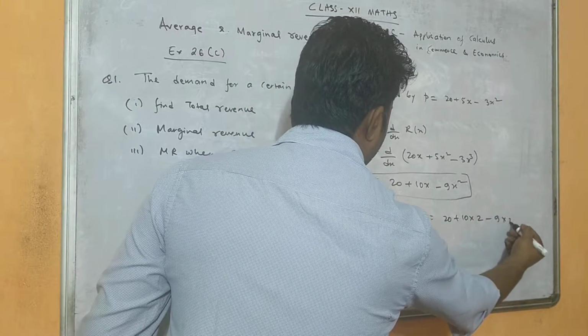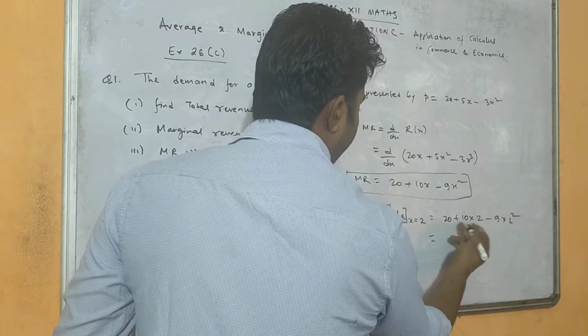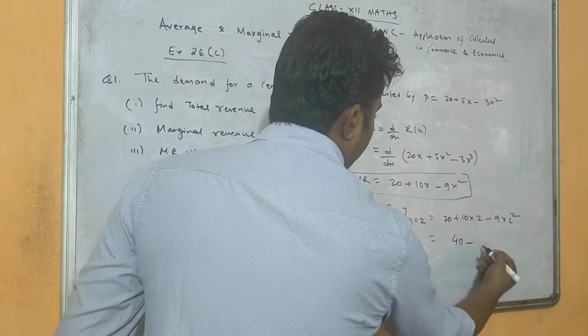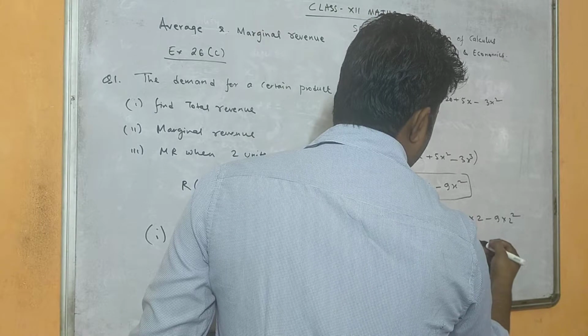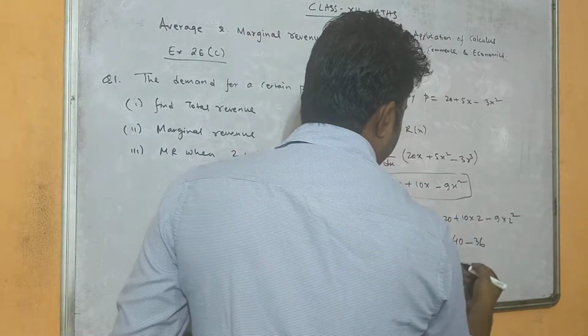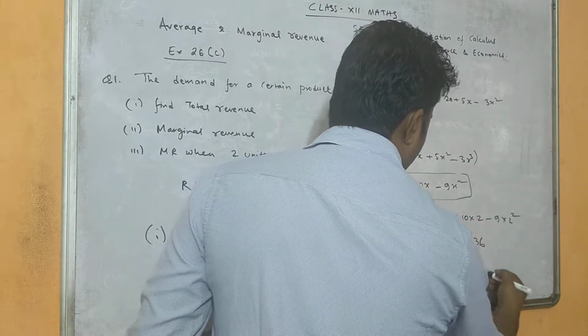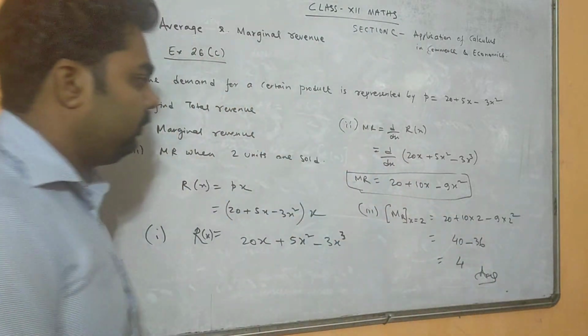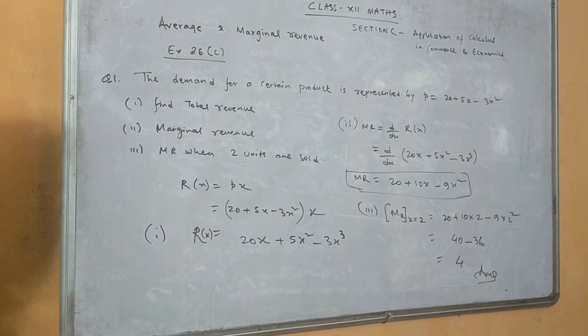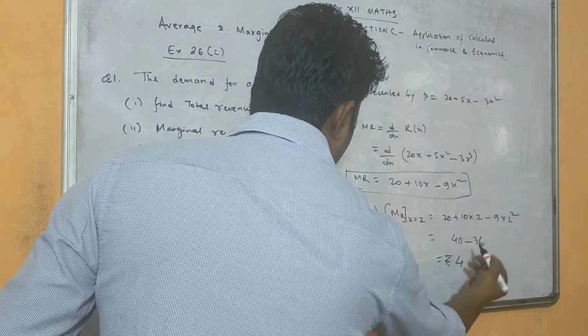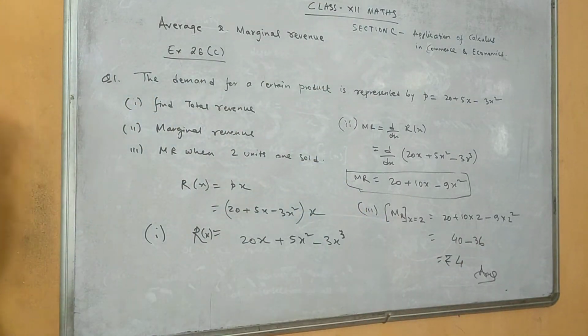So when you substitute here, 20, then 40 minus 4 times 9, that is 36, right? So 40 minus 36, what do you get here? 4. So 4 is our required answer. We can write here rupees 4 also, that is the selling price we are getting from the market.